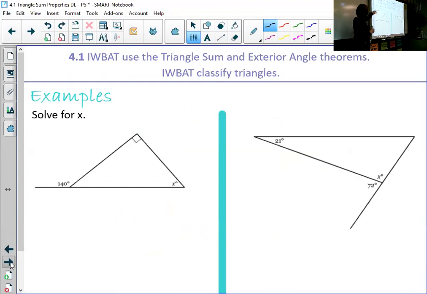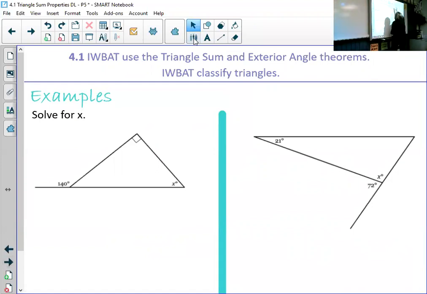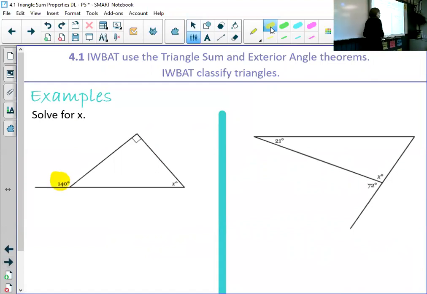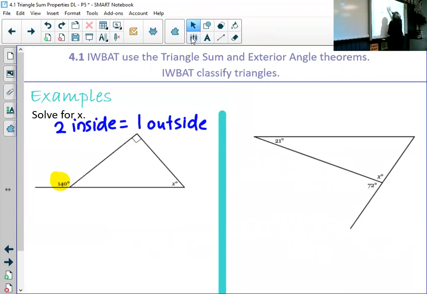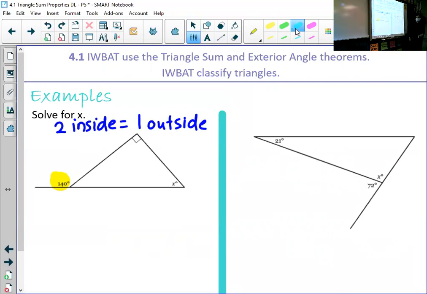So they want us to solve for x. Let's look at the first one. I'm going to first notice that I have my exterior angle. Remember that we had 2 on the inside equals 1 on the outside. Which 2 on the inside are we going to be using? Yes, the 90 degrees and the x.